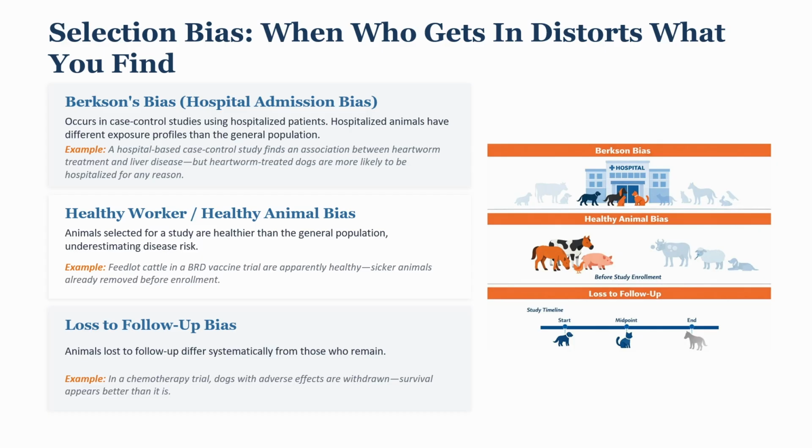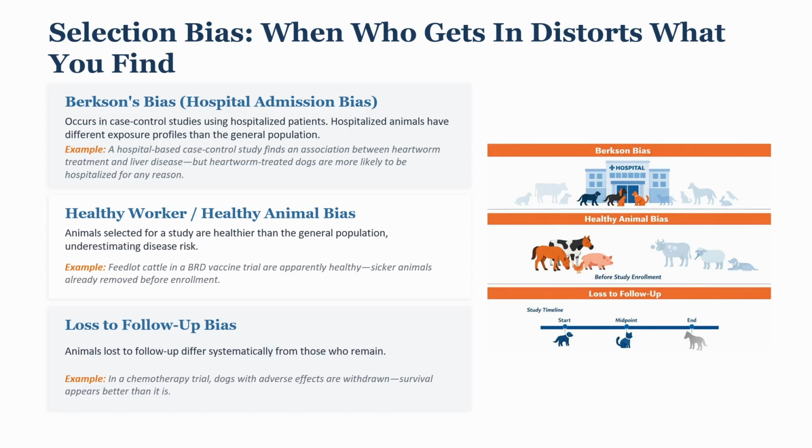Loss to follow-up bias is particularly dangerous in intervention studies. If animals are withdrawn from a study for reasons related to the outcome, adverse drug effects leading to withdrawal, owners of sick animals dropping out because the animals are deteriorating, the animals who remain in the study are a biased sample of those who started.